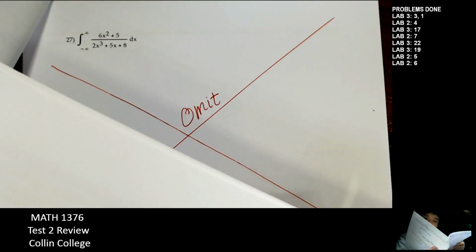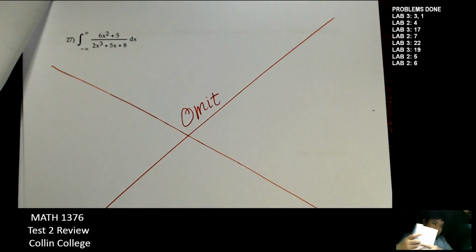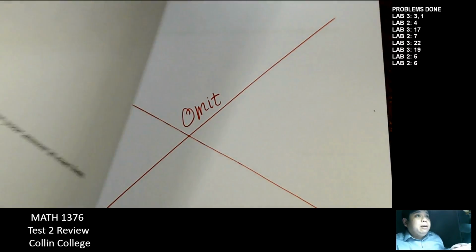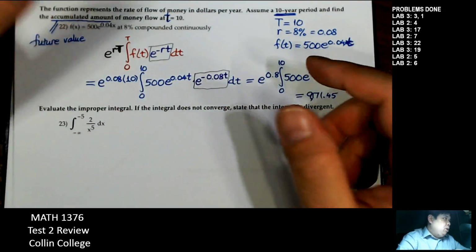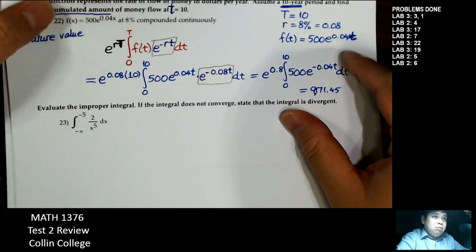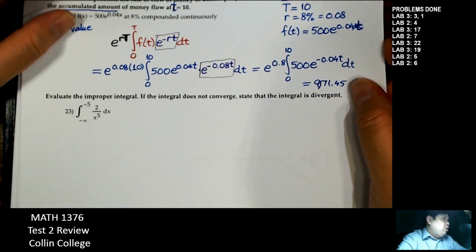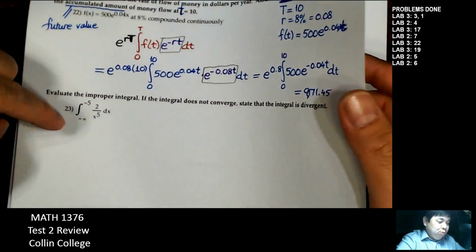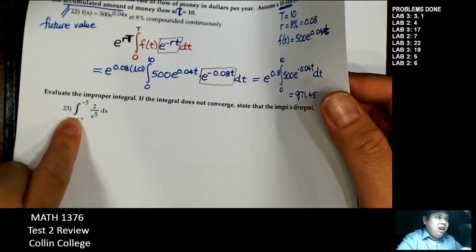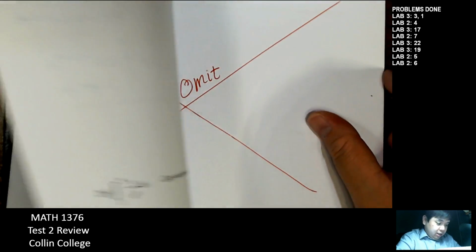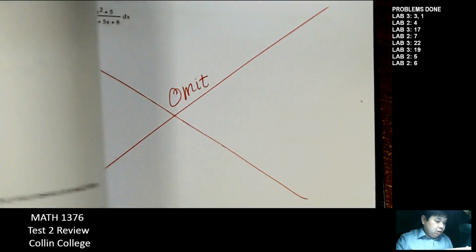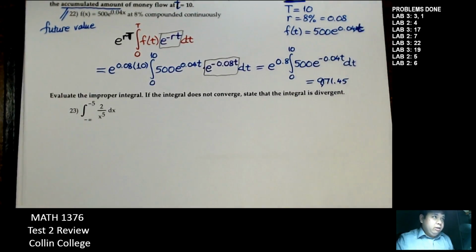We don't have any improper integral on lab 2, so pretty much just these 4 problems. By the way, all of the improper integrals, the ones with infinity, you have to do by hand, simply because we cannot put infinity on the calculator. We could put a very big number like negative 99999 for infinity, but you need to show all the work for those.